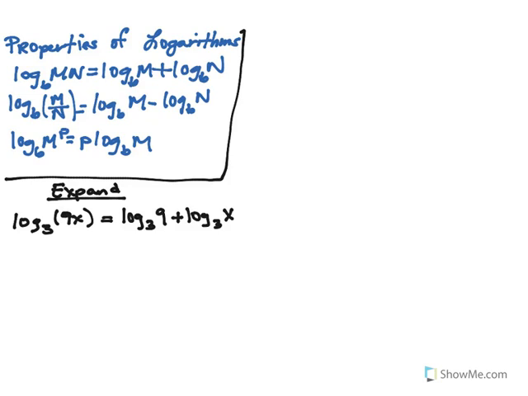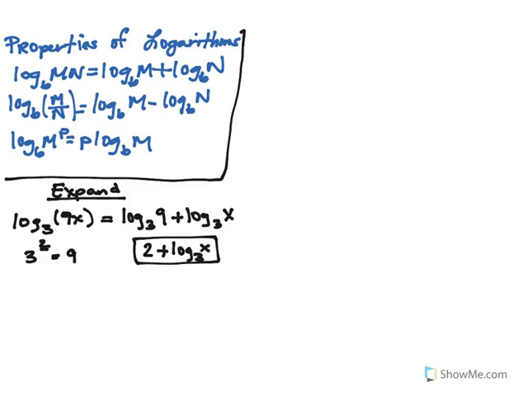Now, you have to be able to look at a logarithm and know if it can be evaluated or not. Log base 3 of 9 can be evaluated. We have a base, and that base raised to some exponent is supposed to give me 9. What would that be? It would be a 2. So this is going to be 2 plus log base 3 of x.